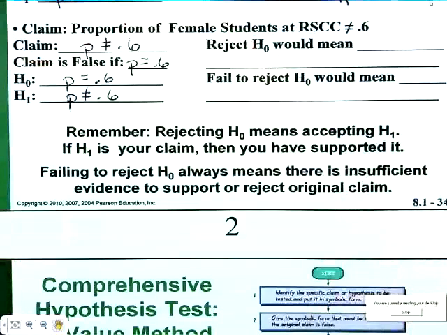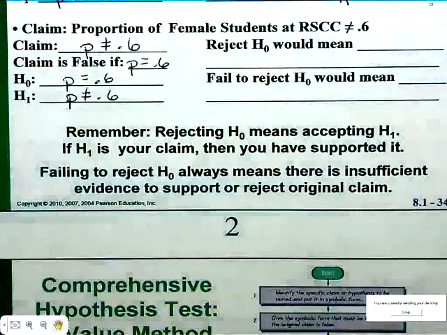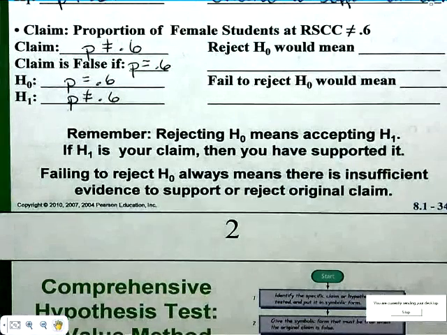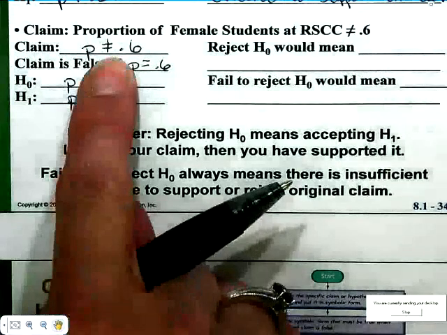So if we do the middle on the calculator and it comes back, reject the null, what does that mean? Accept the alternative, and what does that mean in terms of the claim? That is the claim, so there's enough evidence to support the claim.